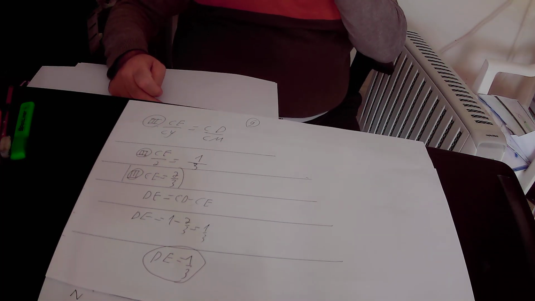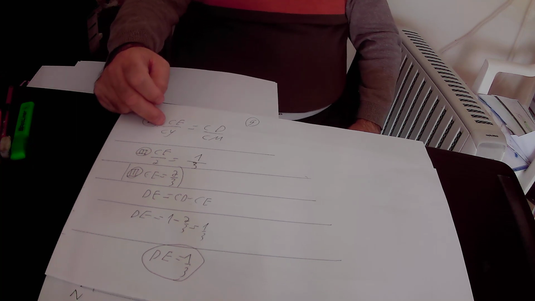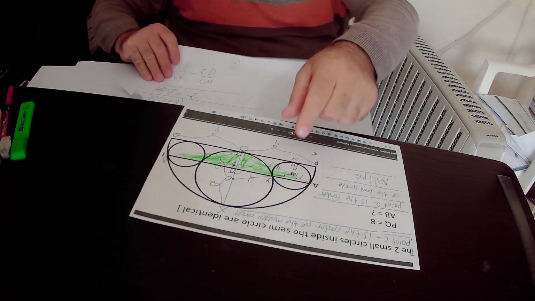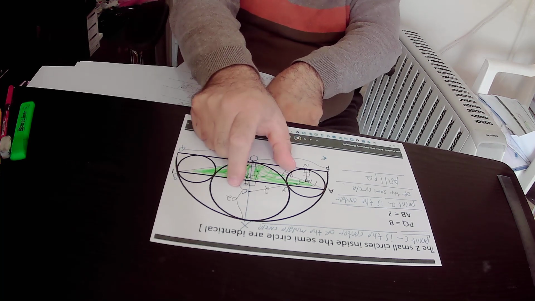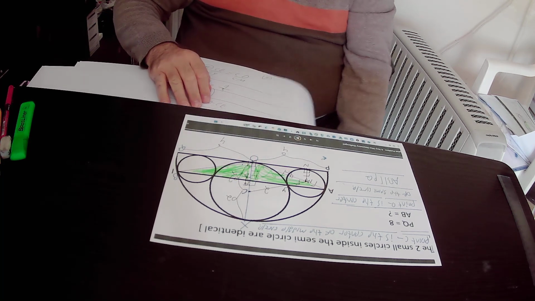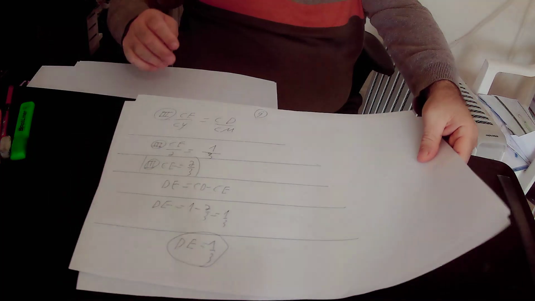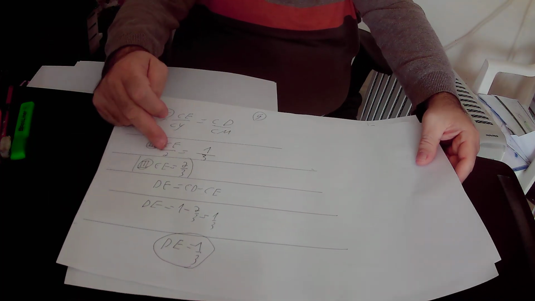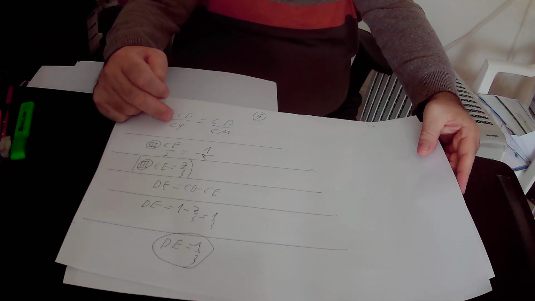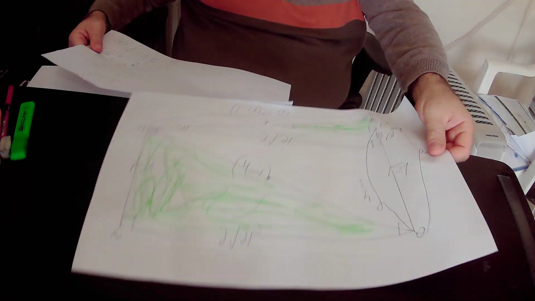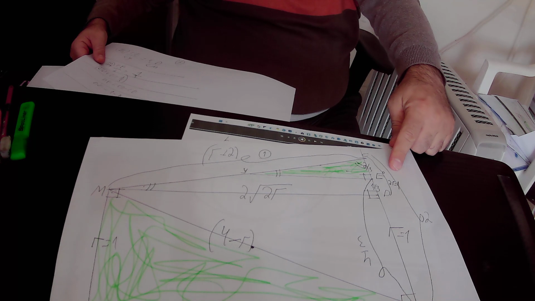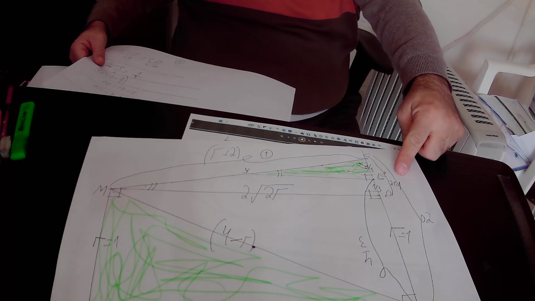Okay? But what is CY? I already showed you that CY is the radius of the middle circle, it equals 2 units. So CY equals 2 units. And CD, we have already found out that CD equals 1 unit.